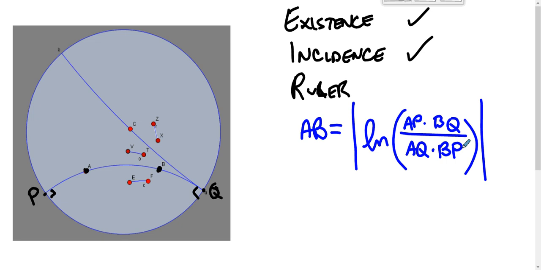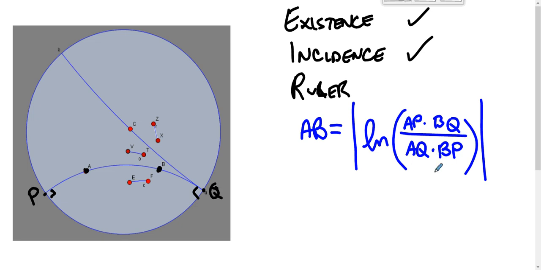Well, what do we want? We want, if A and B are really close together, we want the distance to be really close to 0. If A and B are really close together, then AP and BP are basically the same. AQ and BQ are basically the same. This is close to the natural log of 1, and the natural log of 1 is 0. If A and B are very far apart, then A is very close to P and B is very close to Q. And so this fraction is very, very close to 0.